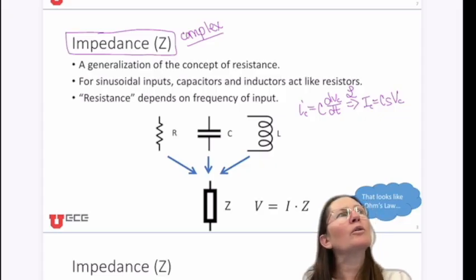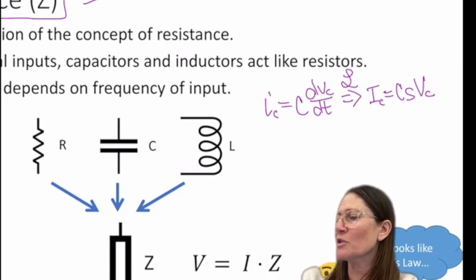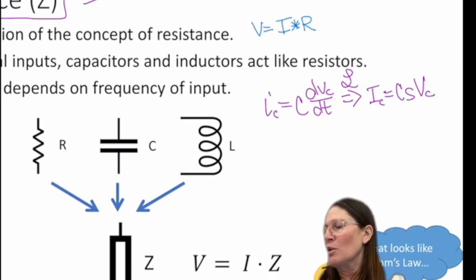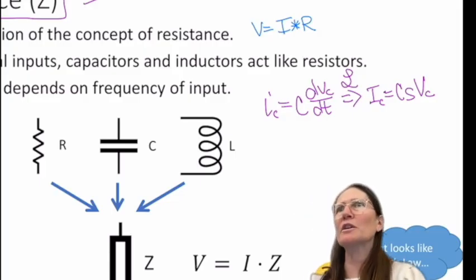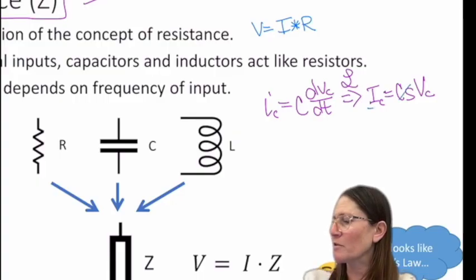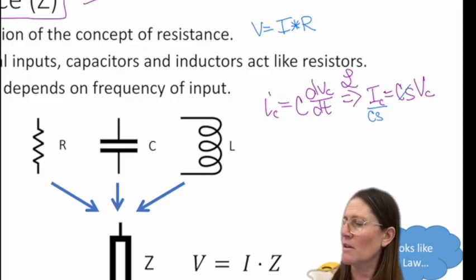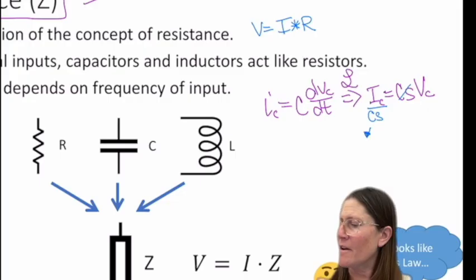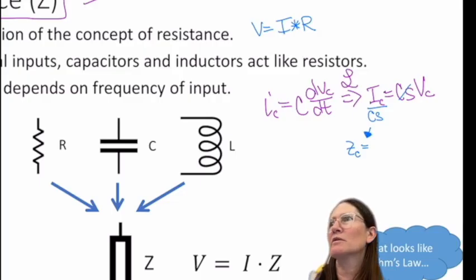So remember, resistance is the voltage is equal to I times R. What do we notice here R would be then? So if we divide this over, I'm going to say that the Z of the capacitor, so instead of R, it's Z, meaning impedance, will be equal to what?